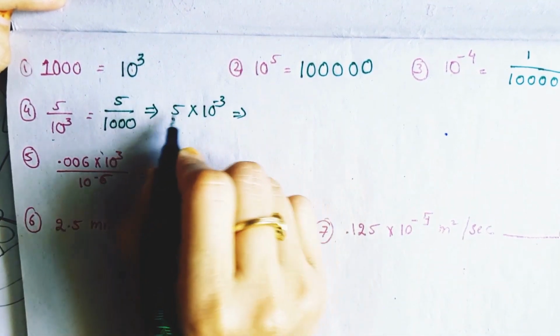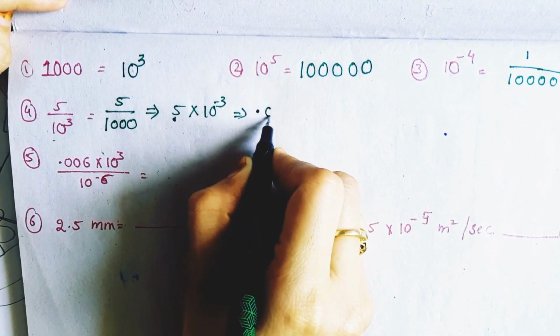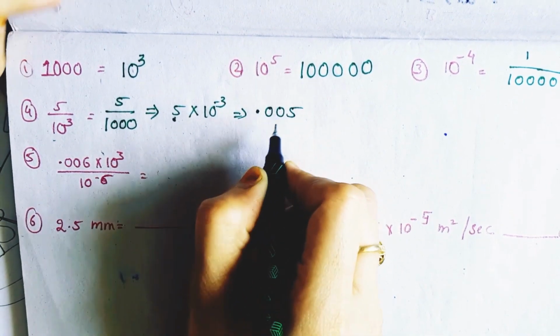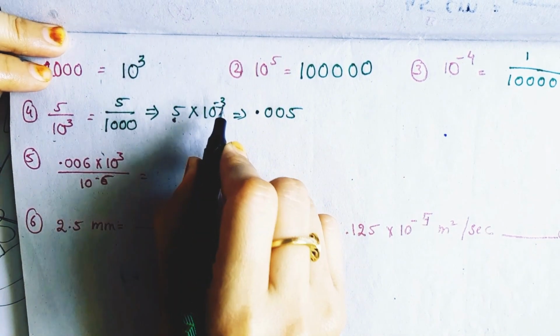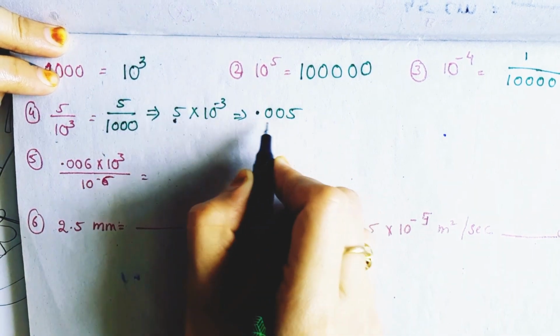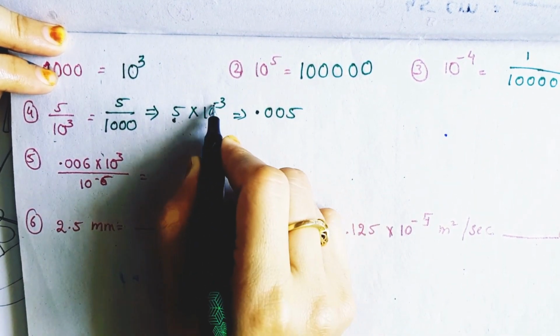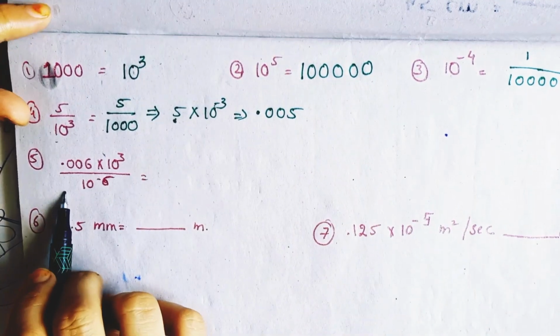So our final result is 0.005. Why? Because here minus 3 is given, so I have to put 5 in the third decimal place. So 0.005 is our answer.